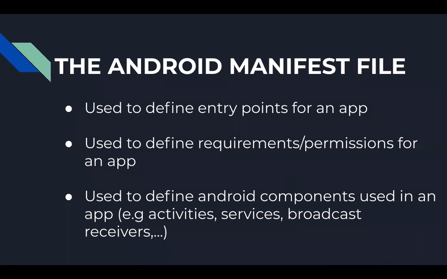The manifest file is used to define entry points for an app. The entry points can be from anywhere. For instance, when you receive a notification from WhatsApp and click on it, it goes straight to the person's chat. How does it know that it's supposed to go straight to the person's chat?